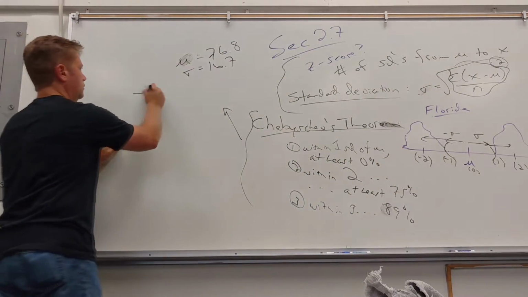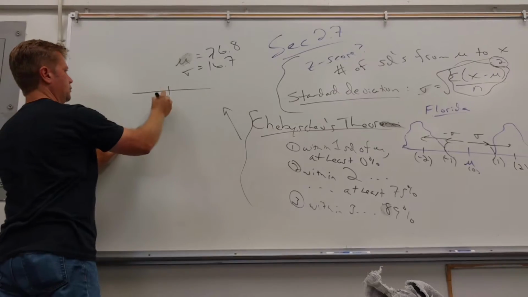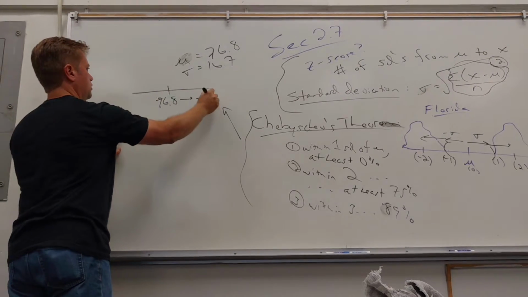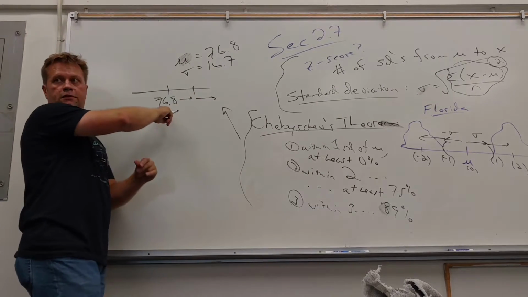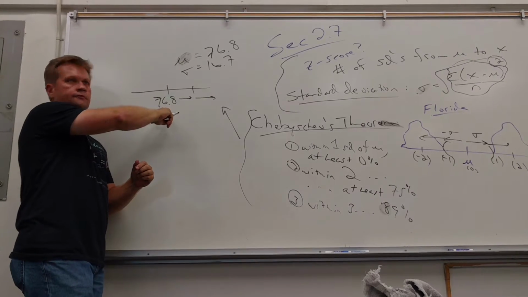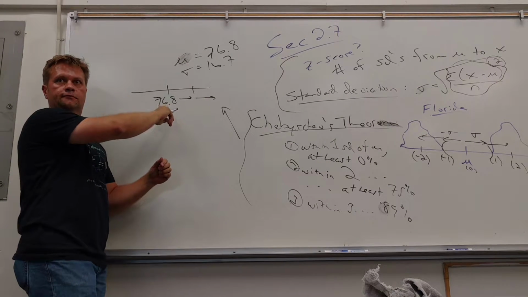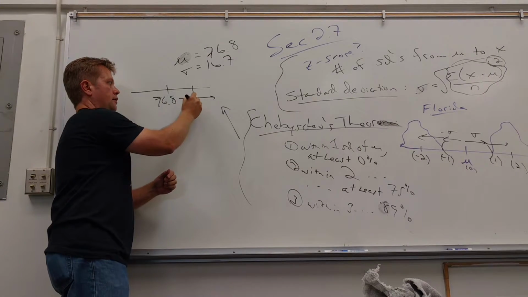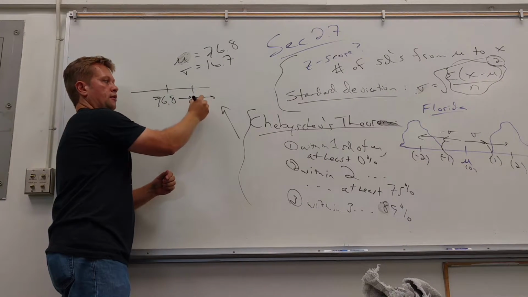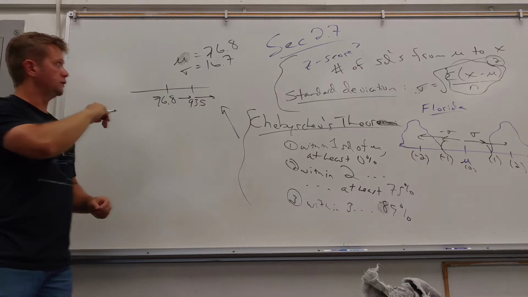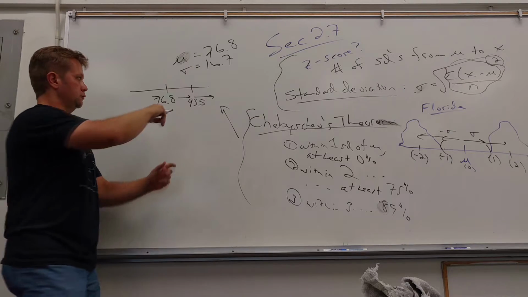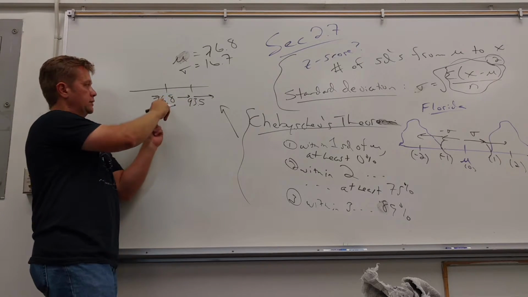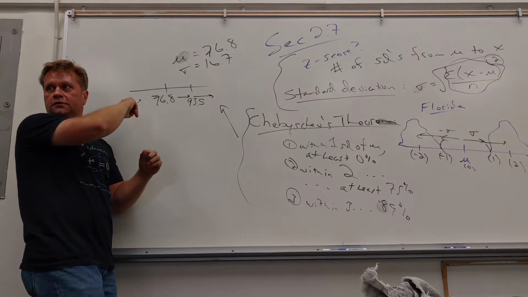So if I start in the middle, at the mean, which is 76.8, and I go 1, 2 steps. Well, 1 step up would be what? Plus this. There it is, 93.5. You guys with me? And one more, right? Add 17 to this, that's 93.